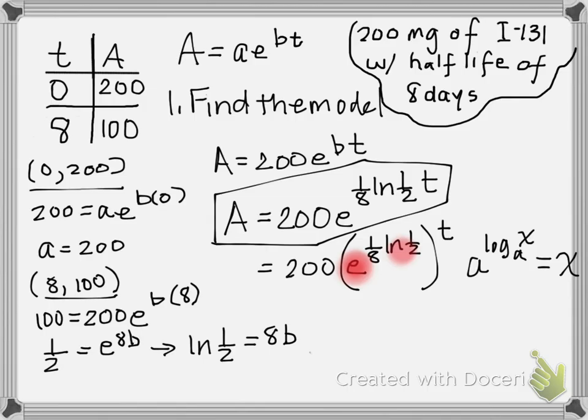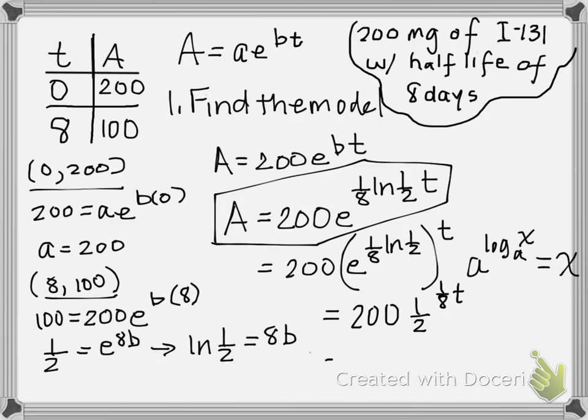And then I can use that property of logarithms to rewrite this. And remember that the power property is going to put this 1/8 up as the exponent. So I'm going to skip a step here because I'm running out of space, but hopefully you can follow it, that I can say that this is 200 times 1/2 to the 1/8 to the t, which, because it's a power to a power, I could just multiply by t, all right?